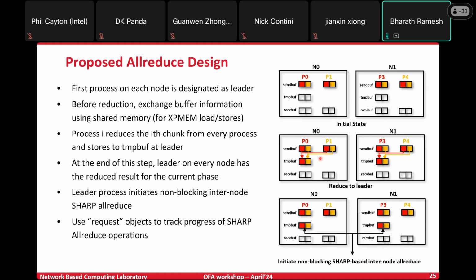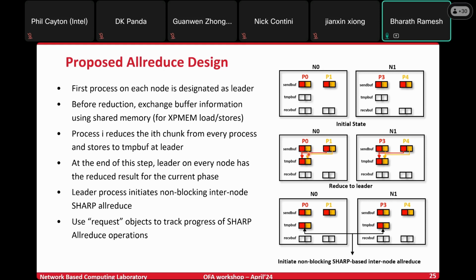Coming to our proposed allreduce design, we first cache all the buffer information. There is an init setup phase using shared memory, and this is really just small messages, so it's not very impactful to the performance. Then every process will reduce a chunk. Here you see P0 responsible for the red chunks, and P1 responsible for the yellow chunks.